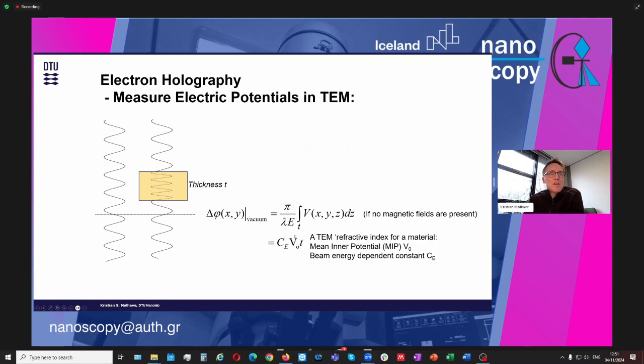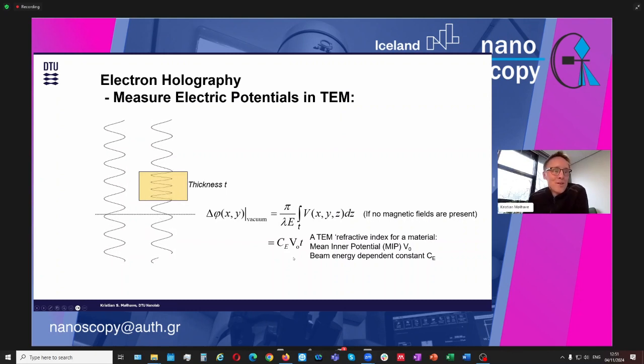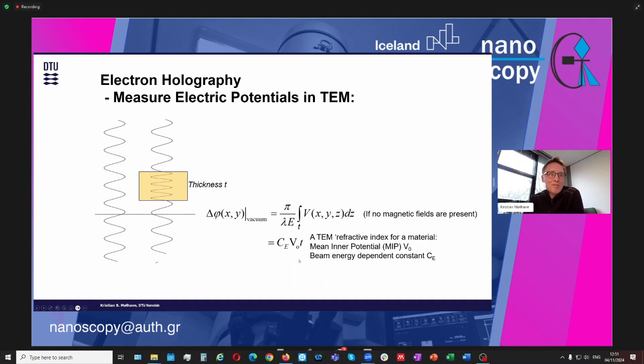And that mean inner potential, it's actually a material constant, a little like density or stiffness or Young's modulus, but it's just a material constant that very few people are actually interested in, unless you do electron holography, and very few people do it. So there's not really much mapped out in this.